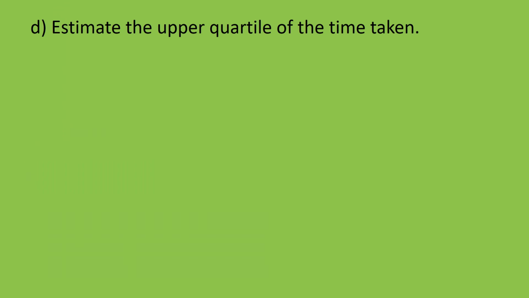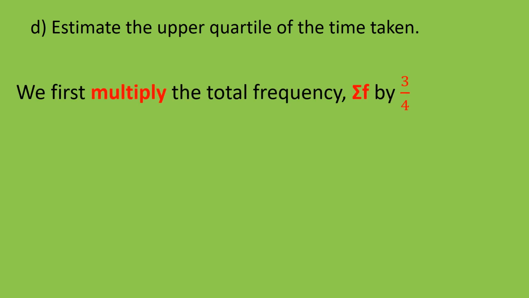Next question, question D, estimate the upper quartile of the time taken. So here we shall multiply the total frequency by 3 quarters. So 3 quarters times 50 is 37.5.